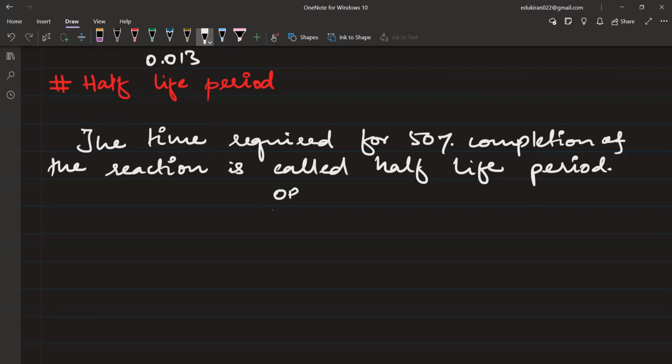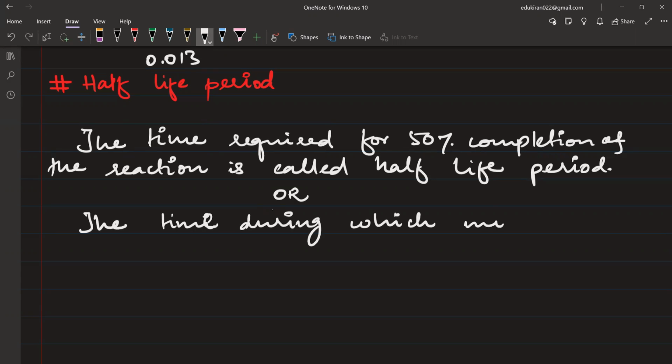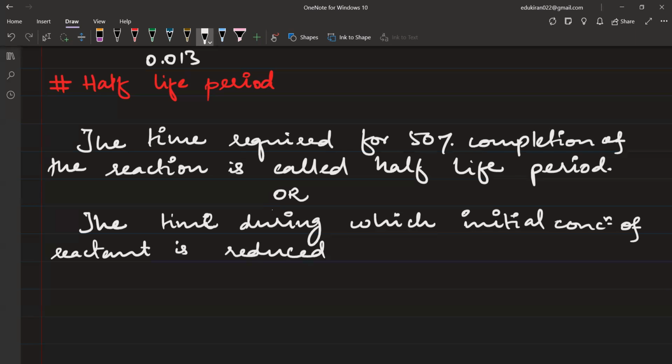You can write another definition, or the time during which initial concentration of reactant is reduced to half.